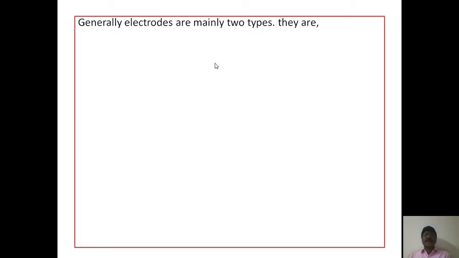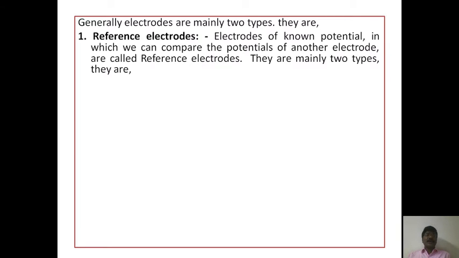Generally, electrodes are mainly of two types. First of all, reference electrodes. These are electrodes of known potential, with which we can compare the potentials of other electrodes.